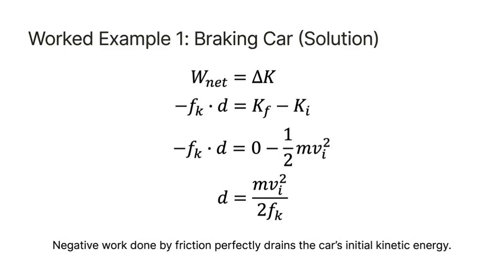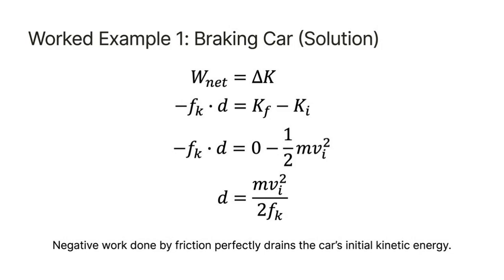Here, we apply the work energy principle to solve for the stopping distance of a car under braking. The net work done equals the change in kinetic energy. Since friction does negative work to stop the car, the work done by friction over the distance d equals the final kinetic energy minus the initial kinetic energy.